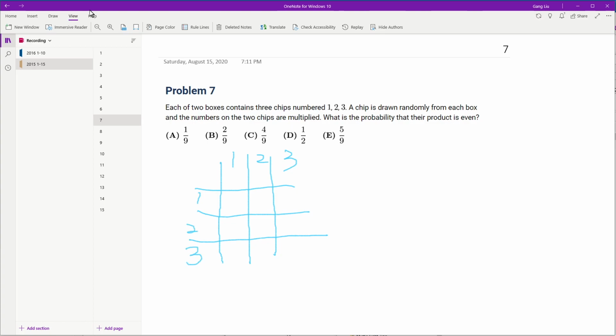We're going to use each number's remainder with 2. So this is 1, 0, 1, 1, 0, 1, and the product is odd or even depending on these, and we can tell that there are 5 evens out of a total 9 possibilities, so 5 over 9.